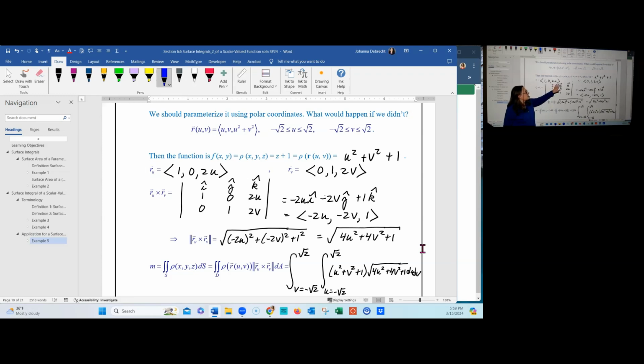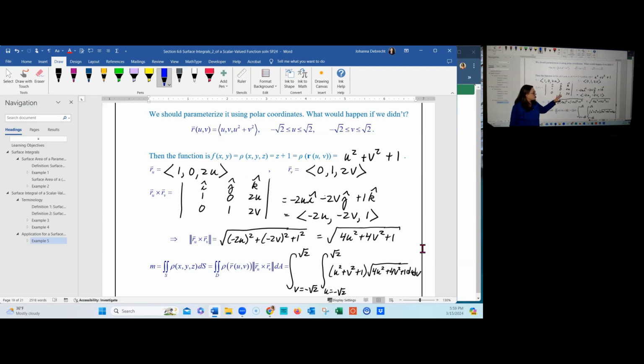If we do this, then we would need to compute the partial derivative of r with respect to u. That would give me 1, 0, 2u, and the partial derivative of r with respect to v would give me 0, 1, 2v. Then I could form the cross product of the two to find the normal vector to that tangent plane.